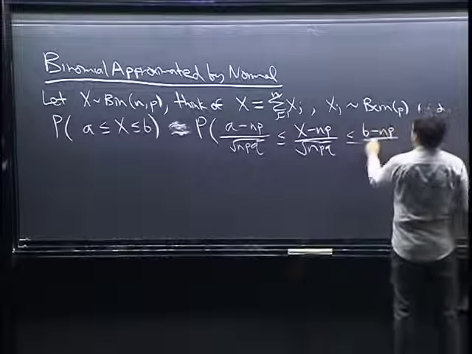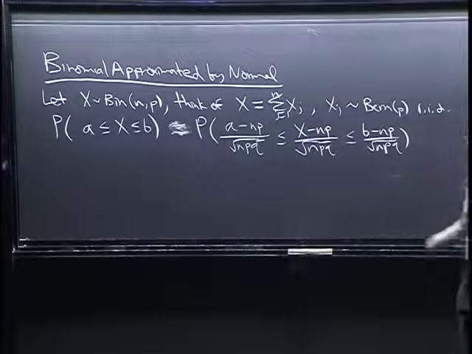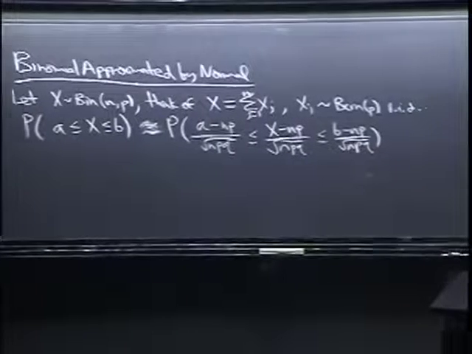And then, now that we've standardized it, we can apply the central limit theorem if n is large enough. The central limit theorem said n goes to infinity. That doesn't answer the question of how large n has to be. For that, there are various theorems and various rules of thumb. A lot of books will say, how large does n have to be? And some books, at least, will say 30. That's just a rule of thumb. That's not always going to work.